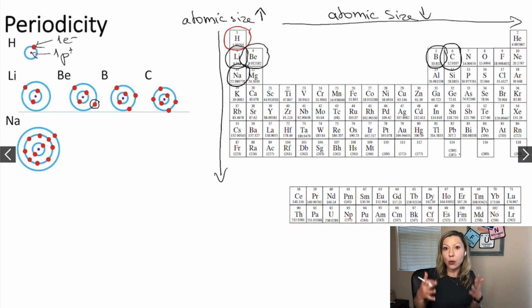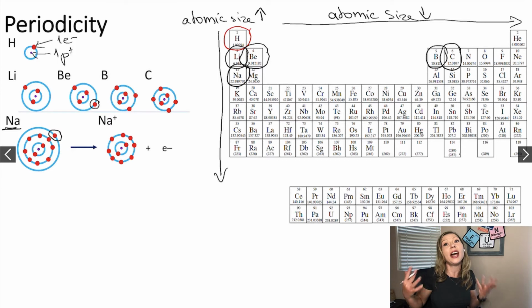All right, what happens to ions? Let's say that I want to make a sodium ion. What will the process entail? Well, I have to remove an electron. Which electron will I remove? Which one is the easiest to remove if you look at the sodium atom? The one on the outermost shell, right? And how does this happen? Well, it's called ionization.